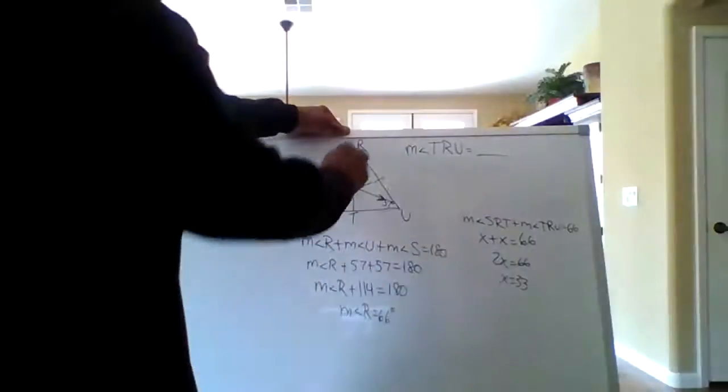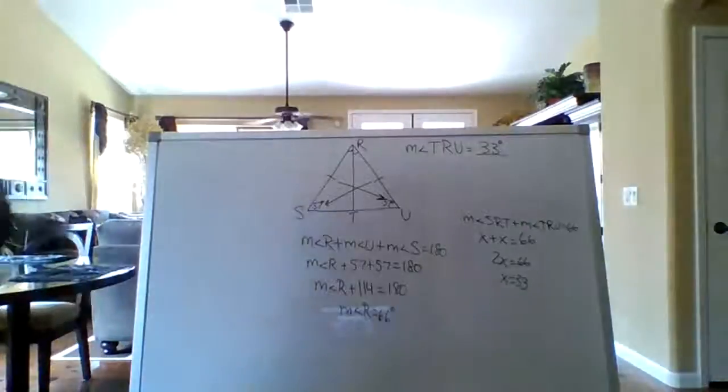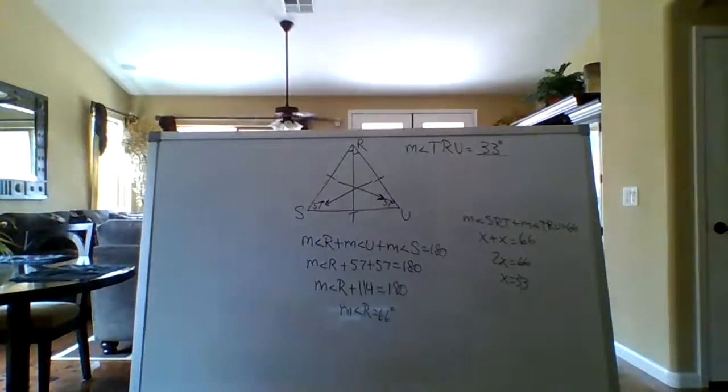Now they're both congruent. So we have x plus x equals 66. 2x is 66. So x is 33. Therefore, the angle TRU is 33 degrees. And that's it. All righty?